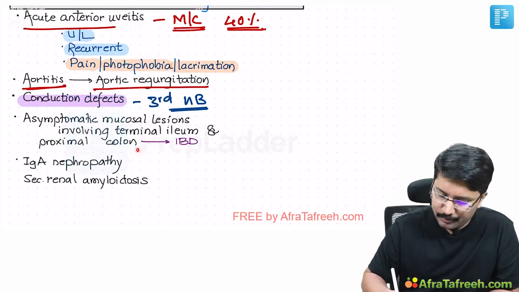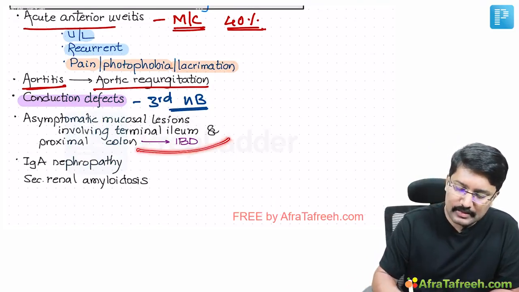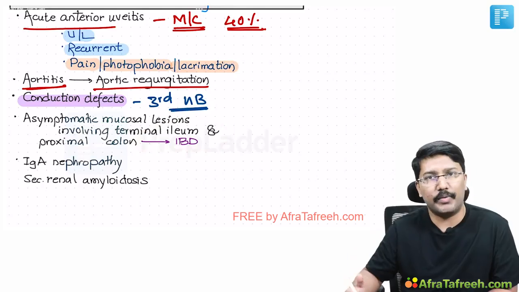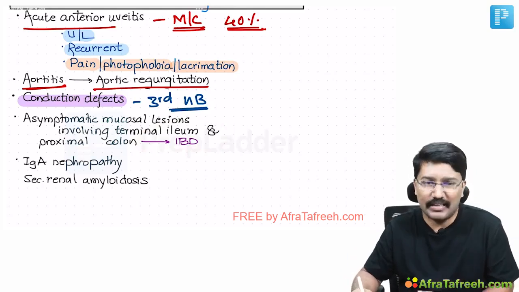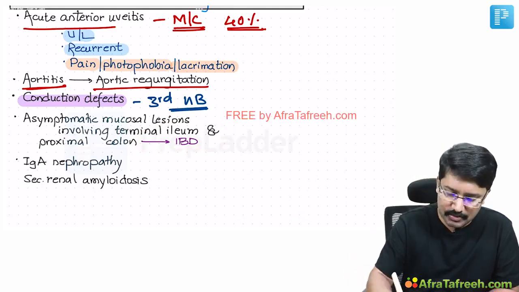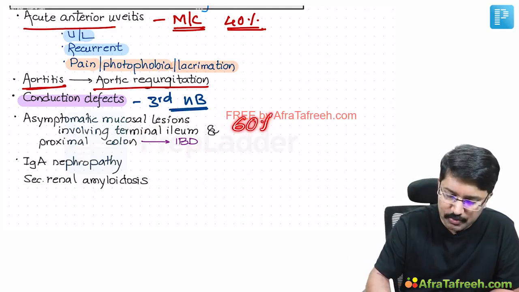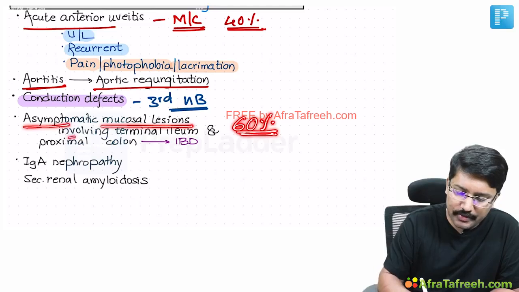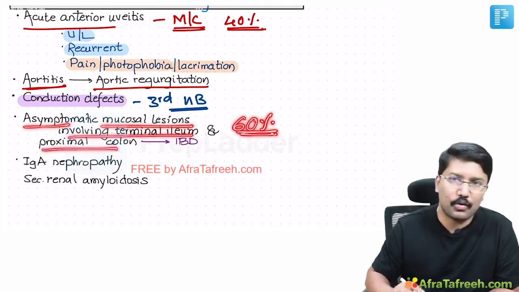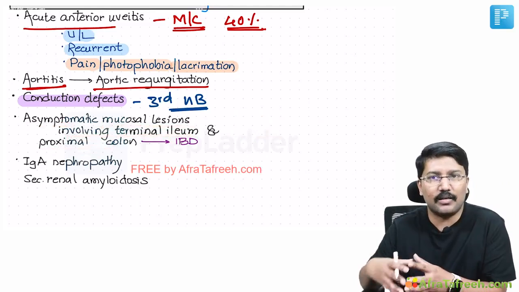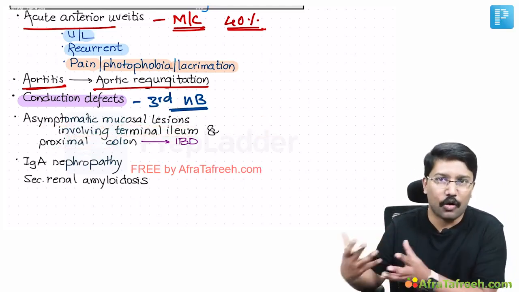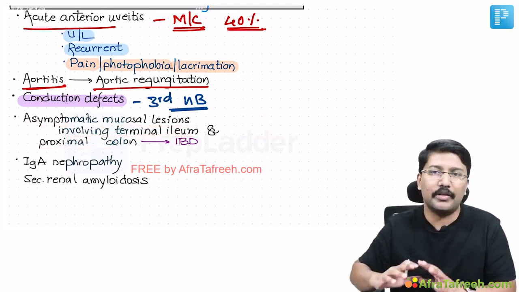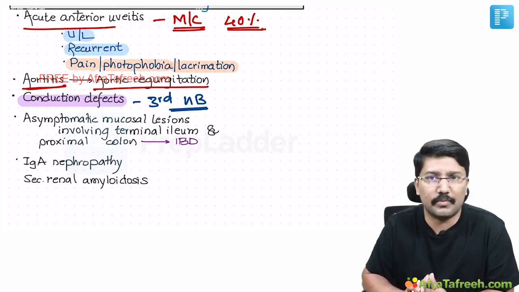Okay. Then another important point I want you to note is that these patients have a tendency to develop IBD. Right? If you do biopsies randomly, you will notice that 60% of the patients have asymptomatic mucosal lesions involving the terminal ileum and proximal colon, which have characteristic pathophysiological features of inflammatory bowel disease, but they don't have evident clinical symptoms, right?